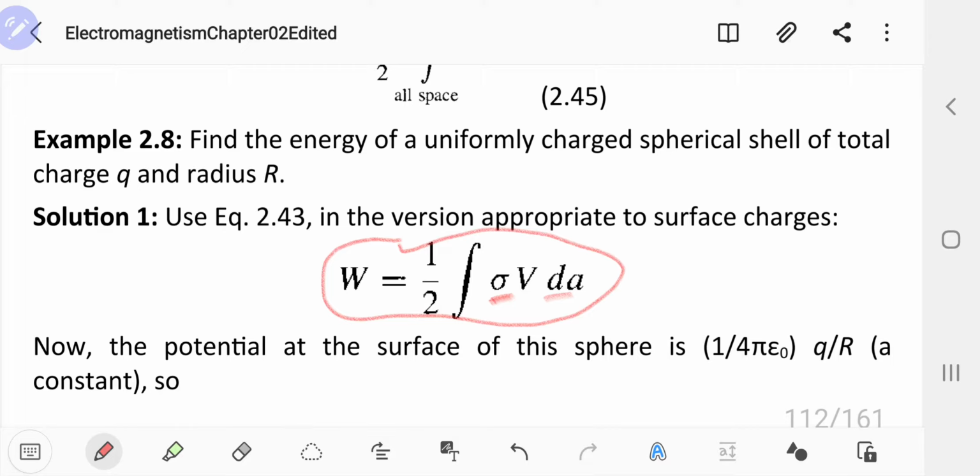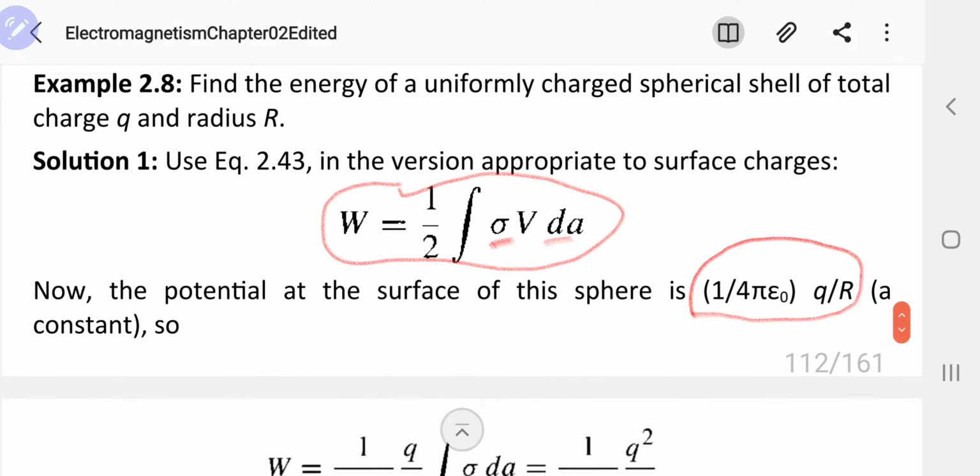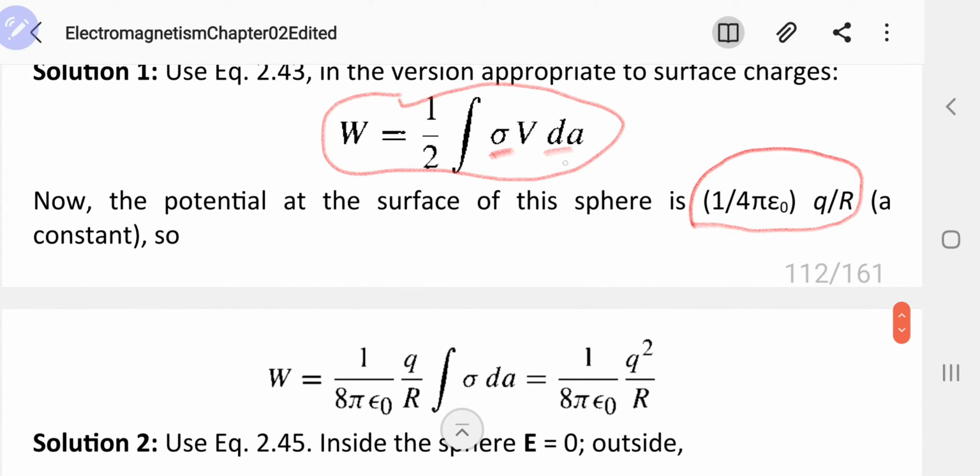But what is the potential? This is just the potential experienced by the dq, which would be 1 over 4 pi epsilon sub o, Q over R. And so you substitute this to here, and then you work out the integration.